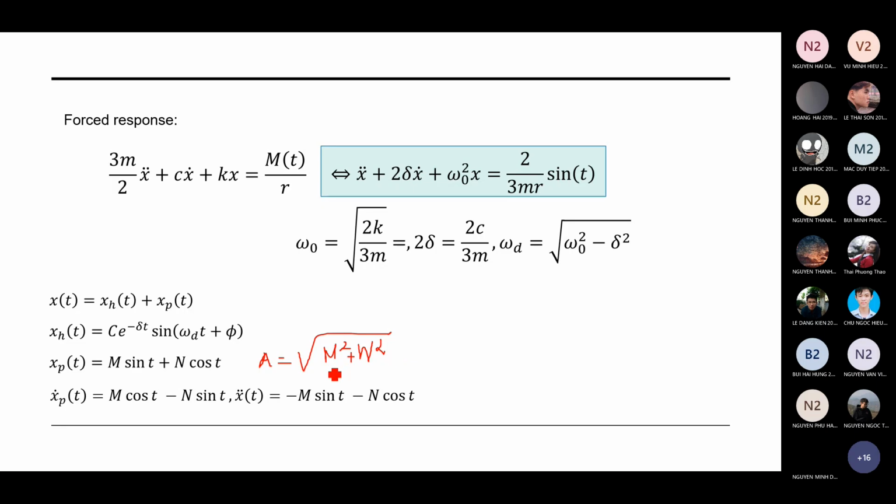But how will you calculate the parameters m and n here? How do we calculate the m and n here?